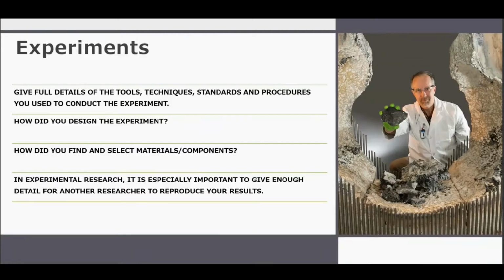And also, it is especially important to give enough details for another researcher if they want to do exactly the same research in your area. Therefore, I'm saying that the method section in the paper looks like a recipe.